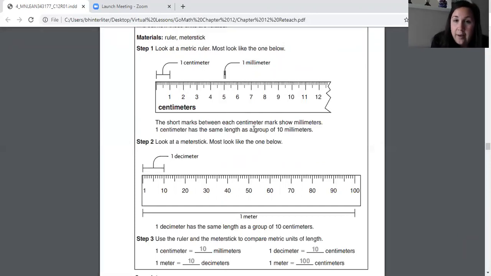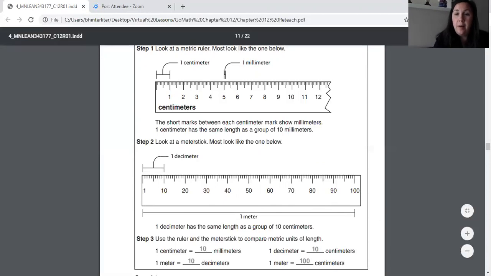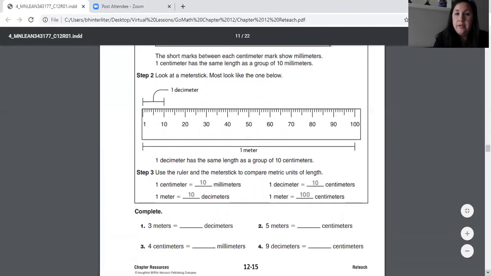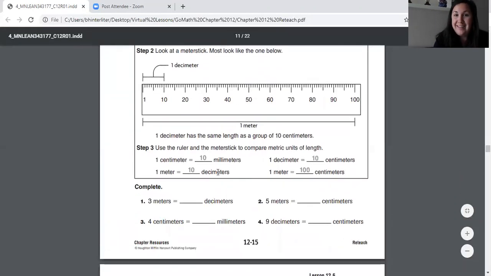Last one, 1 meter. So this 1 large meter is worth how many centimeters? How many centimeters would be in a meter? Well, 100, a big 100. So if we look at some of the problems below, we're going to be doing a lot of multiplying by tens for 100.